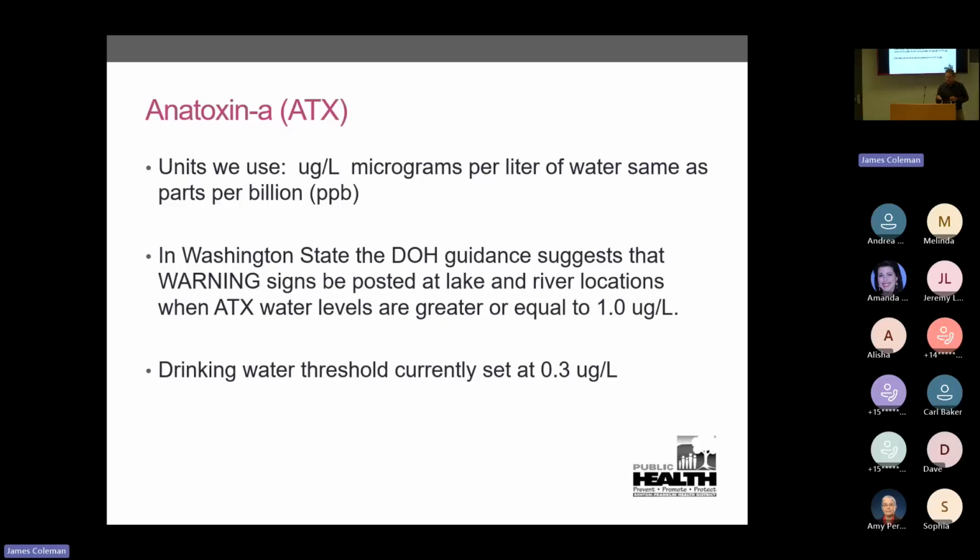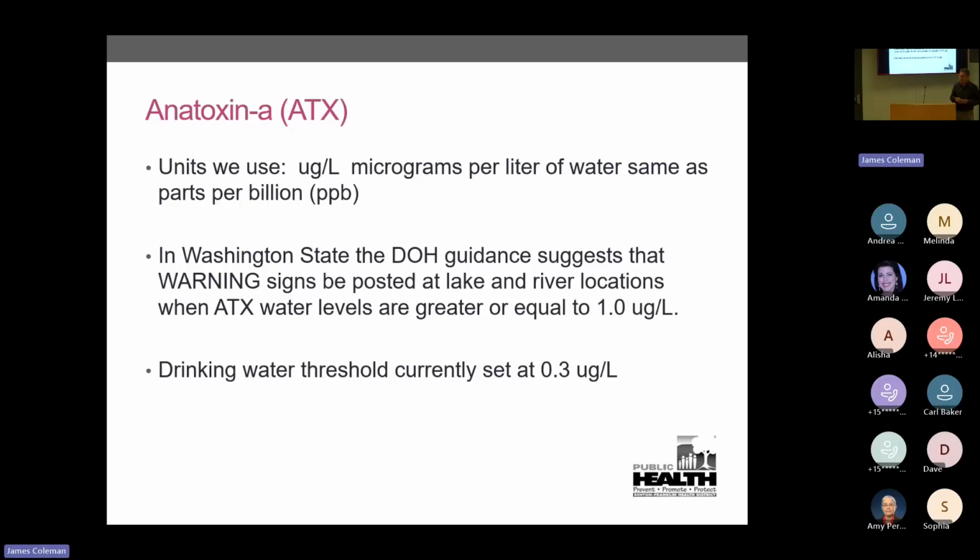And I mentioned this before. For anatoxin in the state of Washington, the recreational threshold is 1 microgram per liter. And there also is a drinking water standard or threshold, and that is set at a lesser amount, at 0.3 micrograms per liter.